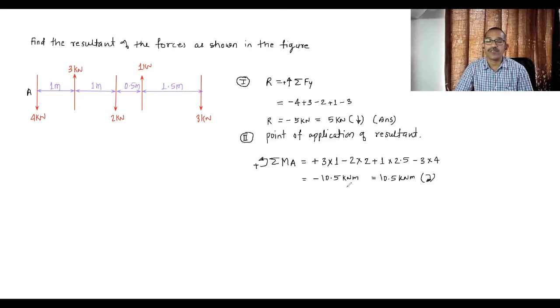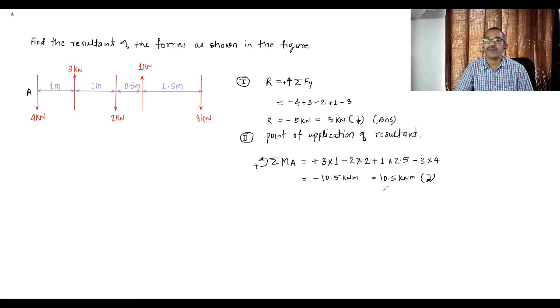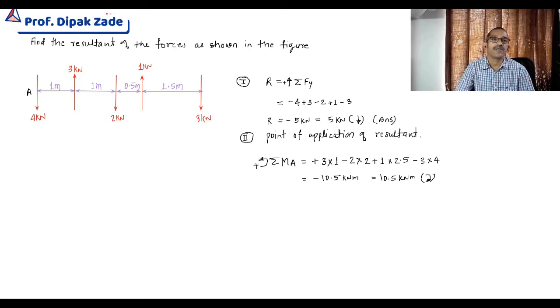Once you get this moment, now you have to decide. The most important step in this problem is that the moment of the resultant must be clockwise and equal to 10.5 kilonewton meter. So where will this resultant be with respect to point A?